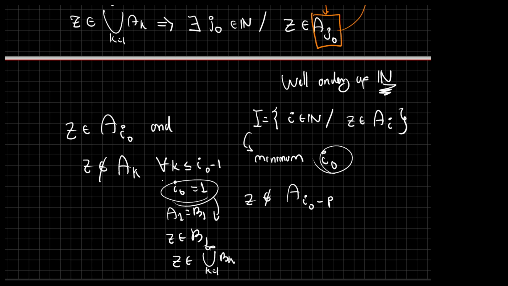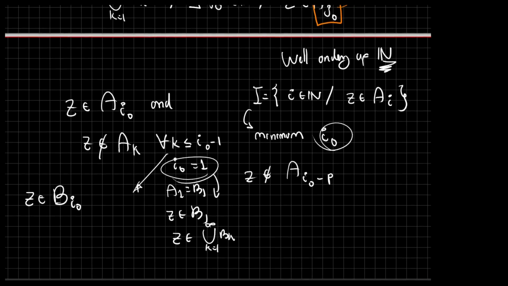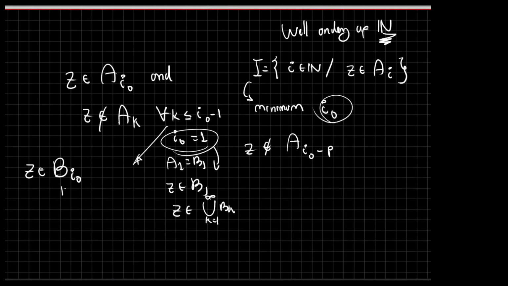And for the other cases in which a naught is greater than 1, we have that zeta is also in v a naught. And why is that? Because this term here is equal to a i naught minus the finite union of these sets.